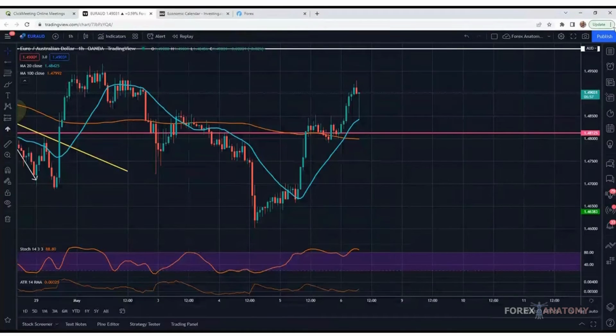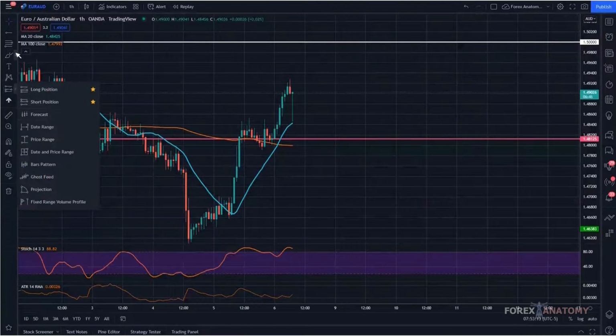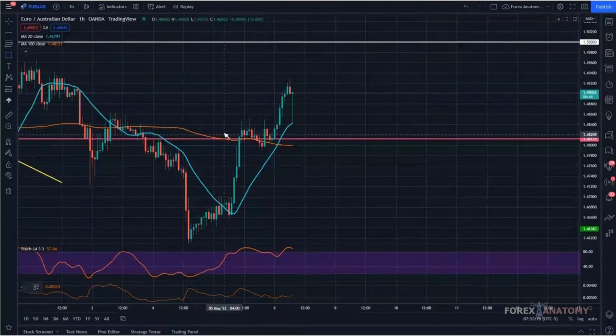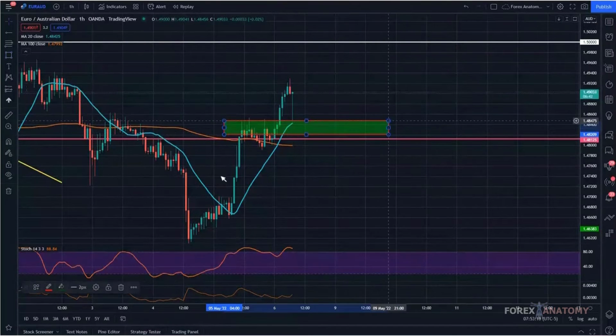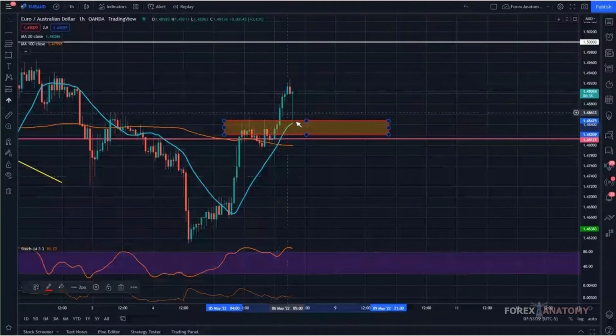So what I'm going to do is expand this again. All right. So yeah, we may have missed out on this setup because this is what we were looking for. We were looking for price to come into this zone, this area right here, and we were going to look for a buy opportunity if price could reach this area.